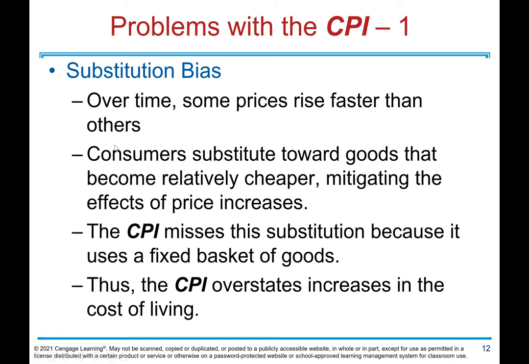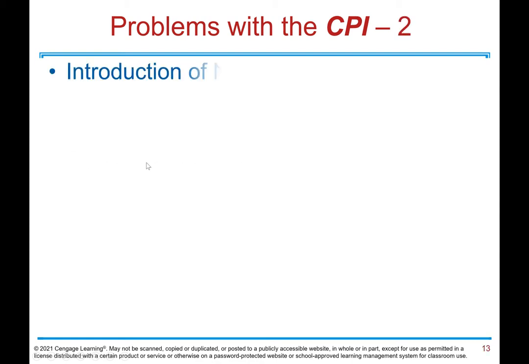This is a weakness in the system. Consumers will substitute towards cheaper goods, but what is in the basket does not change, so the CPI fails to capture the actual change in prices.